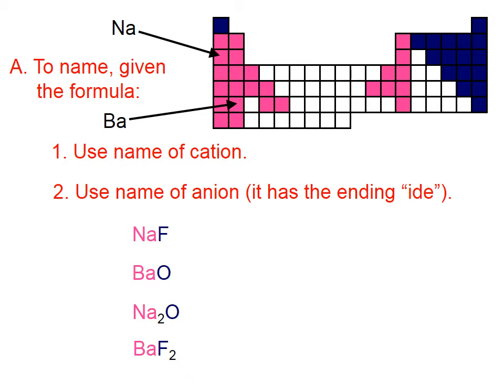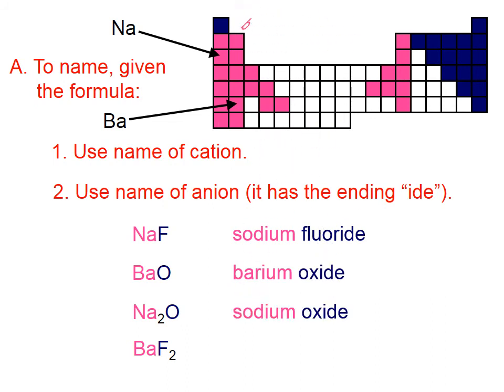We simply say the name of those cations, and then we say the name of the anion with "ide." We don't use any Greek prefixes, so this first one is going to be sodium fluoride, barium oxide. The next one will be sodium oxide, and the last one, barium fluoride.